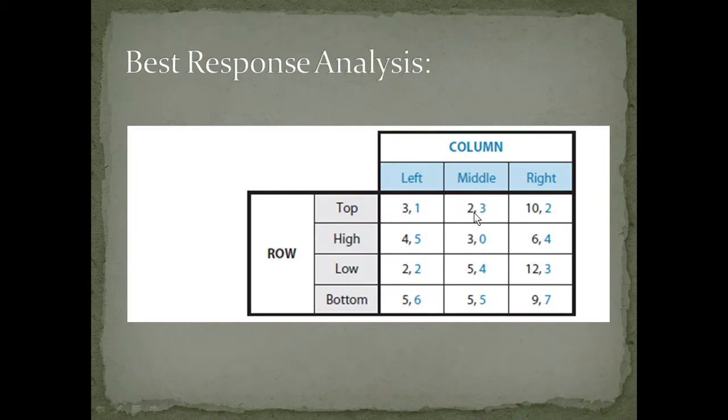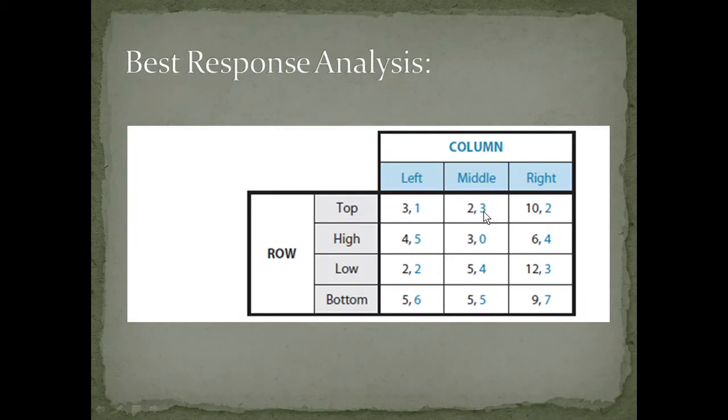Similarly, if the column player is playing middle, what is the best response of the row player? Top, high, low, or bottom? There are 2 best responses, low and bottom, because both are giving him 5. Similarly for this. And similarly, if the row player is playing top, what should the column player play? Left, middle, or right?